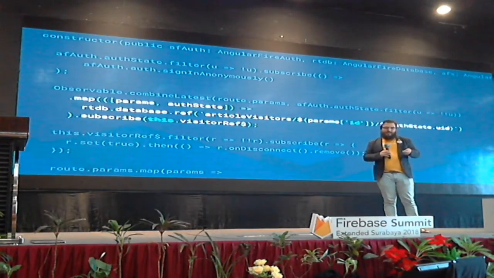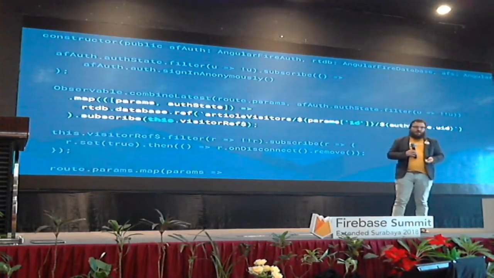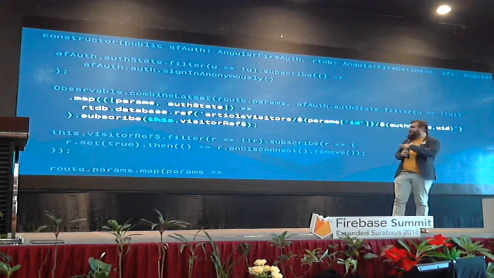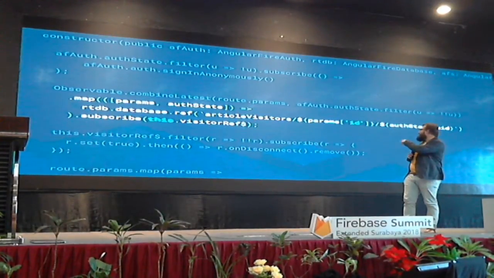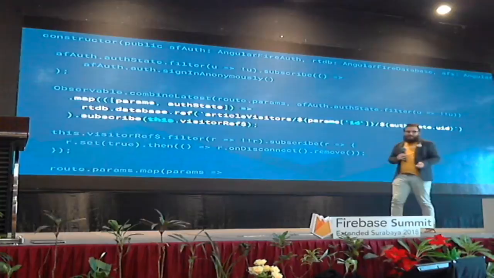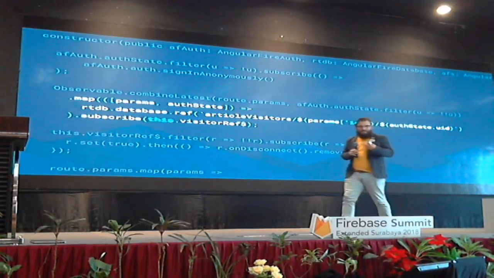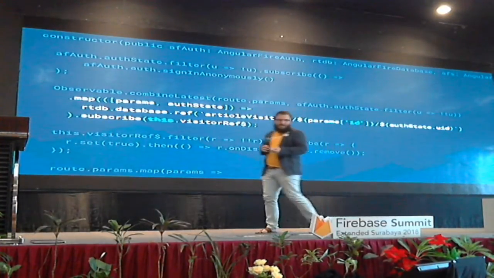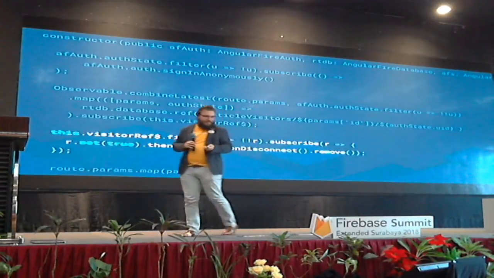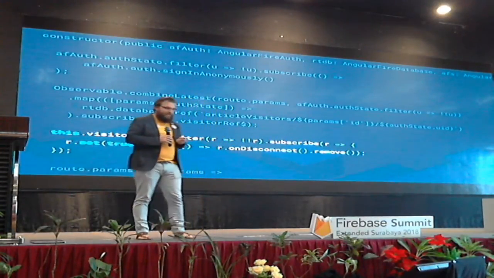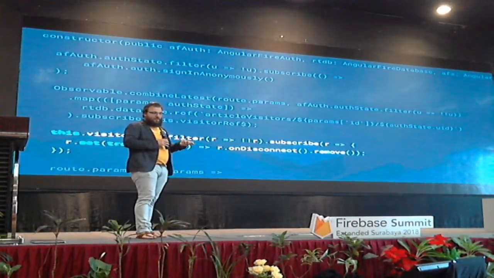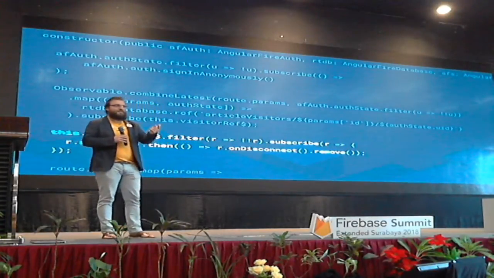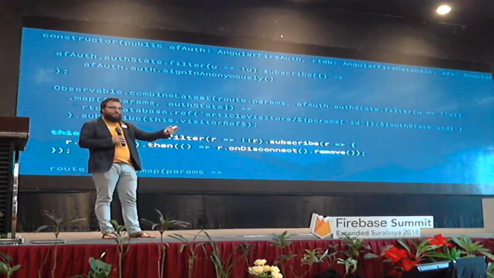So then we go ahead and we build that visitor reference. We actually grab from the real-time database this time the reference to the article visitors, parameters, and then the user ID. So now we have where we're going to store the visitor data in the database. And then finally, when the visitor ref is not null, we're going to set the visitor ref to true.